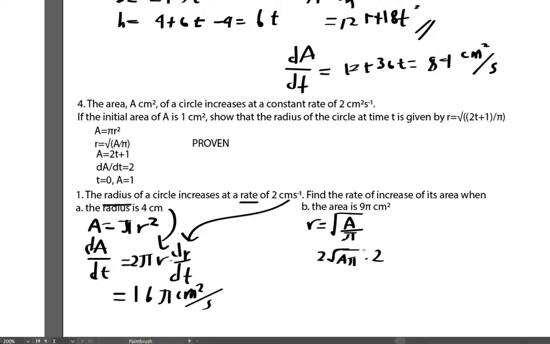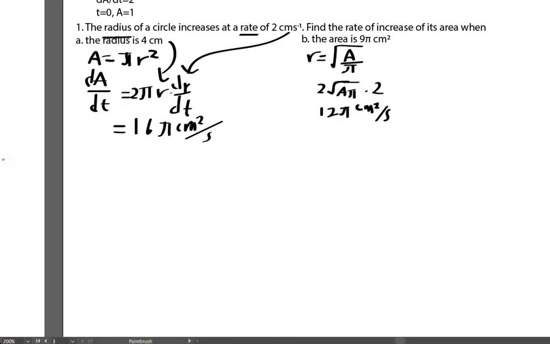So that's 4, and then the area, that's 9 pi, square root of that is 3 pi inside there, so that's 12 pi. That's the answer. I would say it's correct. Not gonna lie, it's correct.